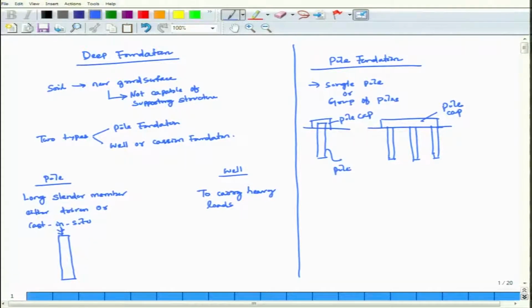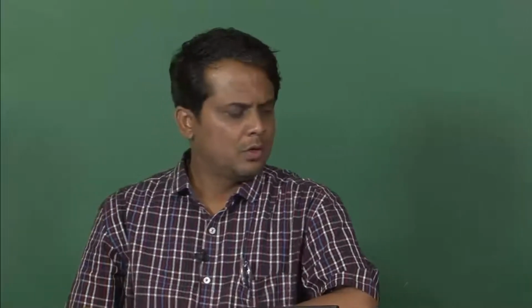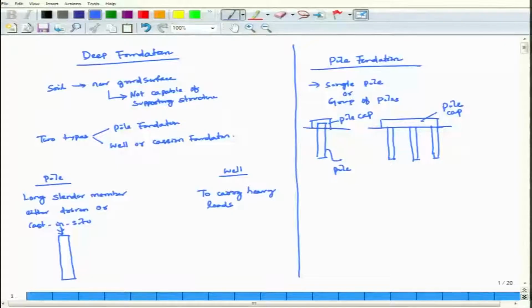Either it is provided single or as a group of piles, or it may be provided as a battered pile to resist more lateral load. One is vertical, the middle is vertical and on one side you can put a battered pile, or you can put battered piles on both sides. This is called battered piles.